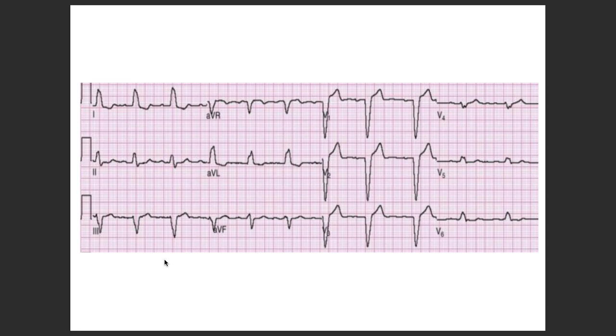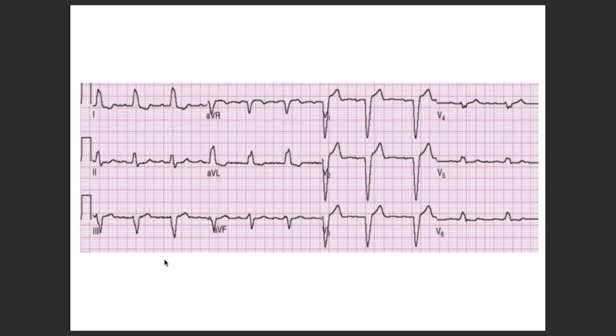That's what I mean. So the simple rule is you try to see the axis in lead 1, lead 2, okay? It will be either normal, left axis deviation, right axis deviation, or northwest, as it is called. So for normal, both lead 1 and lead 2 will be positive.